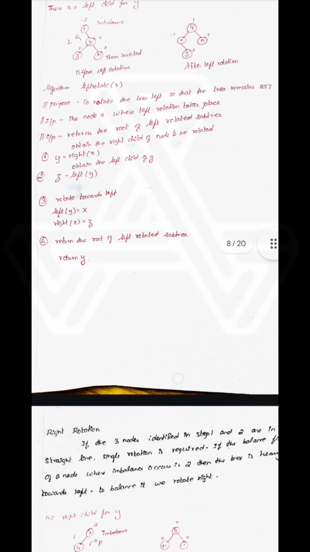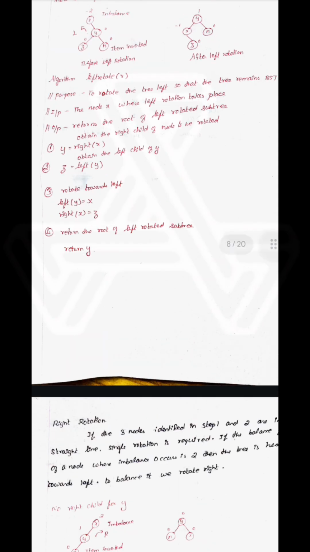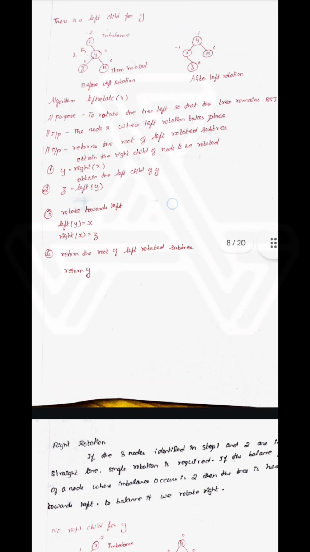Obtain the right child of the node to be rotated: Y equals right of X. Obtain the left child of Y: Z equals left of Y. Here Y is equal to right of X and Z is equal to left of Y. Then rotate towards left.